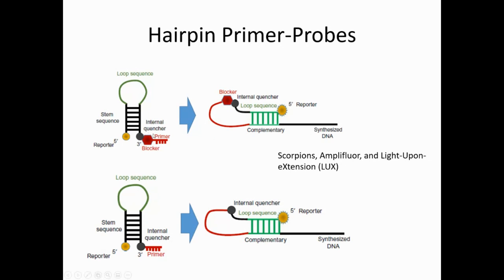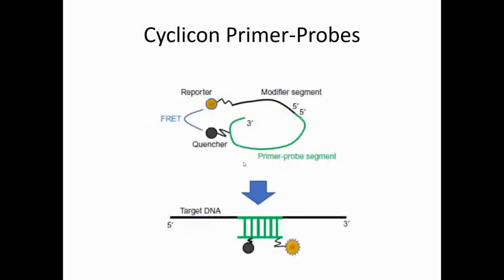So they have different kinds of design. We are not going to discuss this in detail, just to know that there are different types of hairpin primer probe. And then the second type will be the cyclicone probe, which has a long primer probe that is complementary to the target DNA sequence, and also a short modified oligo attached through the 5' to 5' linkage that will bind to a 6 to 8 nucleotide region at the reporter containing the modified 3' end of the primer probe.